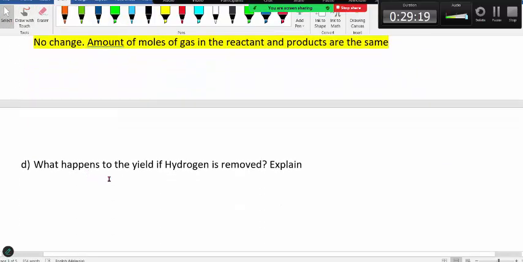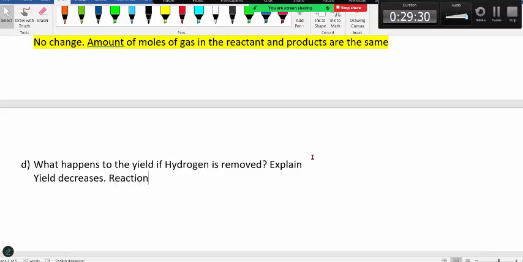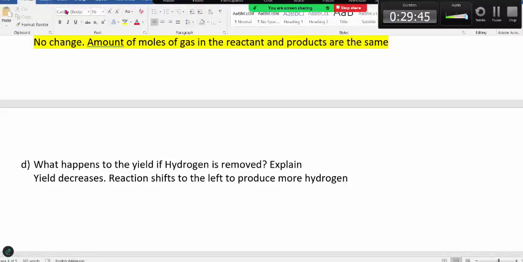So the yield decreases, because the reaction shifts to the left to produce more hydrogen. You take away the hydrogen, so it tries to make hydrogen now. So actually this chapter is very easy, right?